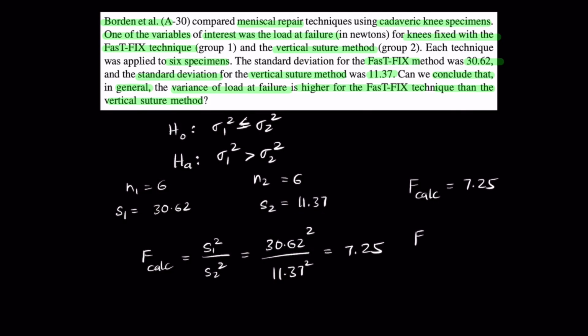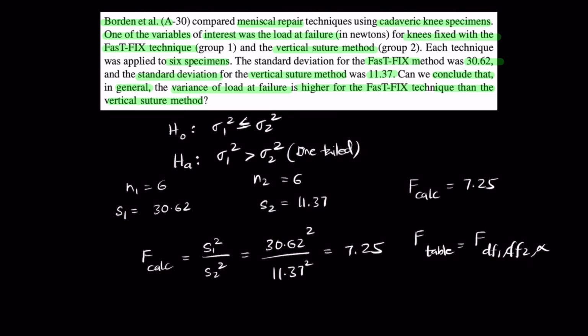Now when you want to calculate the F table value, you need 3 things: df1, df2, and alpha. Remember that this is a one-tailed test, so we don't need 2 sides of the distribution.